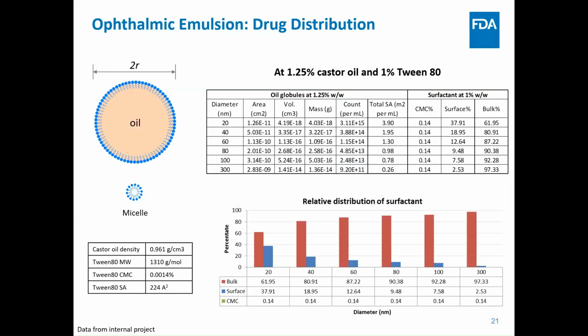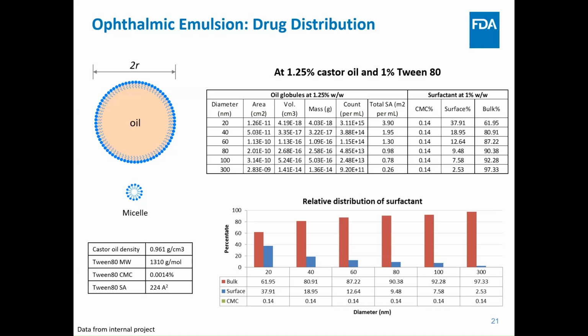How we do that follows a process like this. We know that the oil globule is covered with a layer of surfactant, and we know that there is an excess amount of surfactant in the formulation. Besides the surfactant on the oil globule and dissolved in the solvent, the rest of the surfactant, because its concentration is way above the CMC, forms micelles.